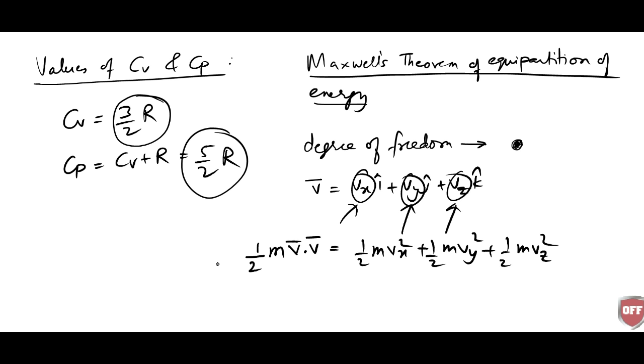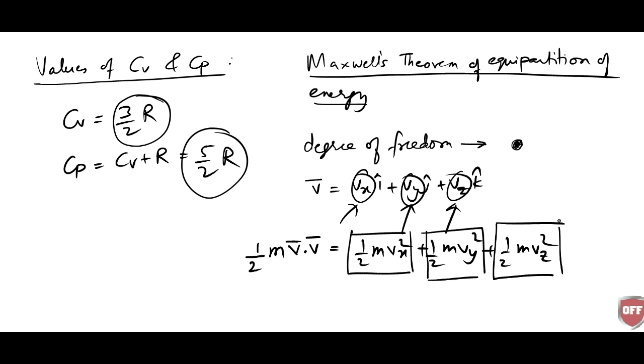Taking this argument of the independence of Vx, Vy and Vz one step further, you have three energies corresponding to the three motions in the three directions. So half mVx square, half mVy square and half mVz square are three independent energies.